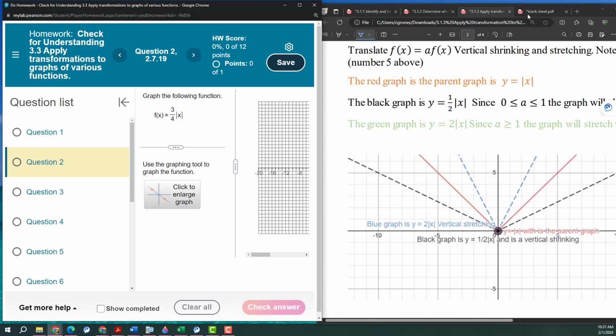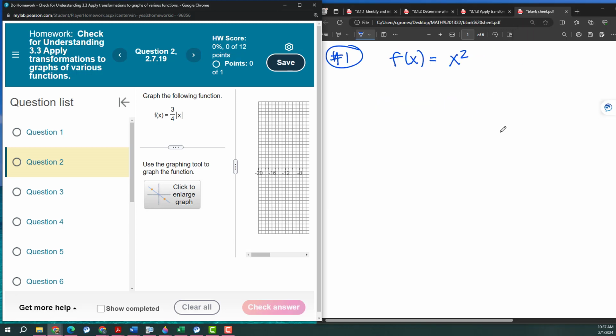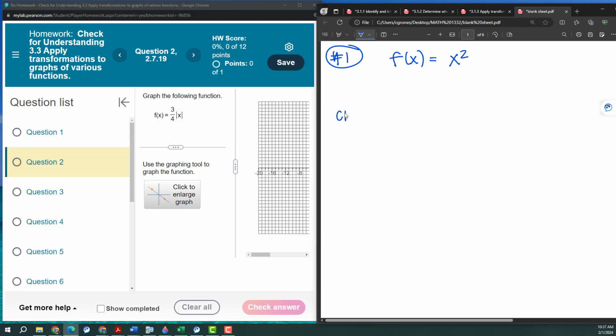What you want to do on these, so this is for check for understanding 3.3, and we're on number 2. We have that f of x equals 3/4 times the absolute value of x. So what I'm going to do is create a table.